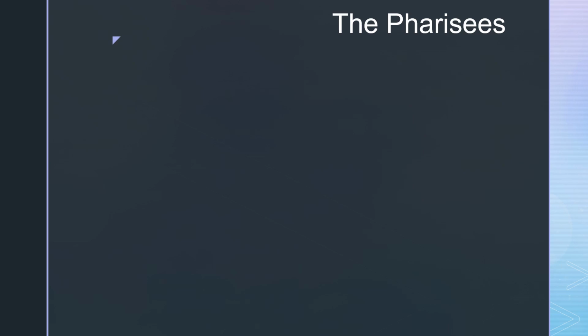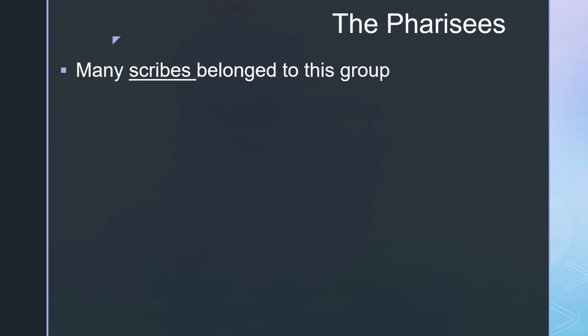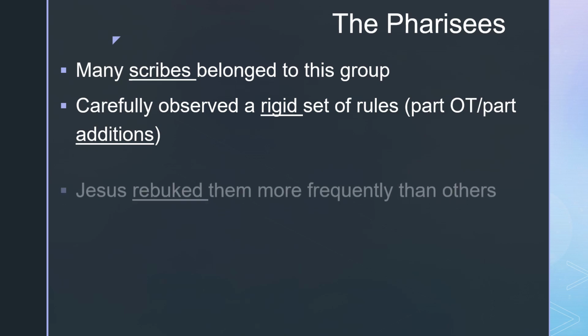The next group we're going to talk about is the Pharisees. Many scribes belonged to this group. The word for Pharisee comes from the word for set apart, or separate. They carefully observed a very rigid set of rules for themselves. They didn't necessarily expect everybody around them to follow these same rules. Some of these were Old Testament rules, but some of them were their own additions.